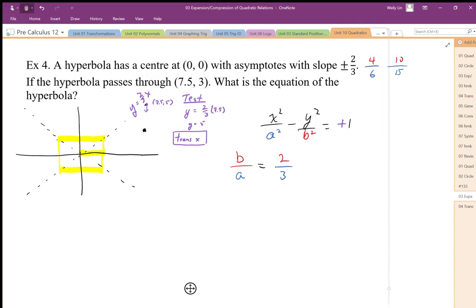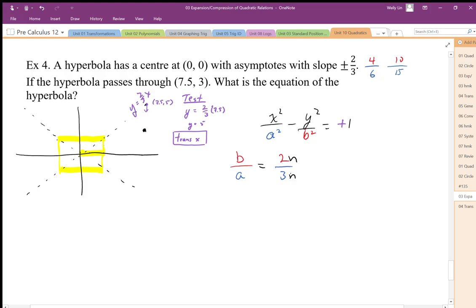We know that if I use an n here, 2n must be equal to b, and n could be 1, so b would then be 2, and then a would be 3. N could be 2, so b is 4 and a is 6. We could have any proportion of n, and it still keeps the same ratio, but then allows us to solve for the actual value of b and a.